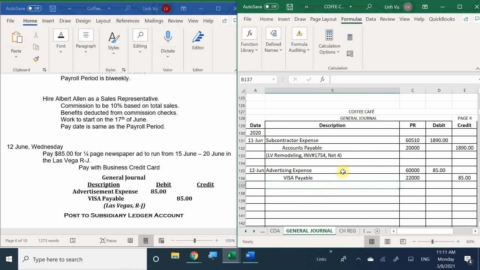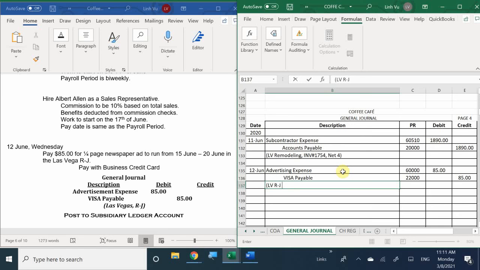And once again, we have all the information here, right? We have that we're doing this to the Las Vegas Register Journal. All right. And yeah, there's nothing else that you would really put in here, right? No invoice date.